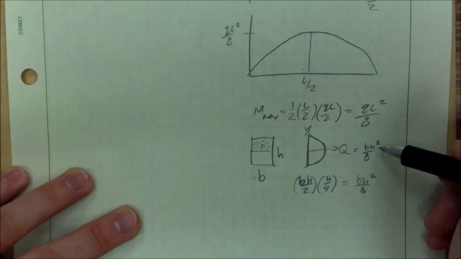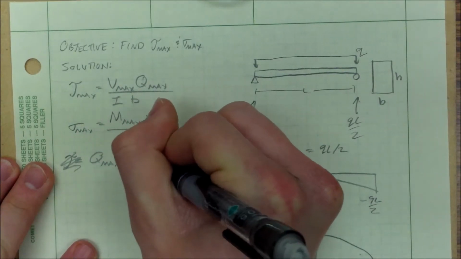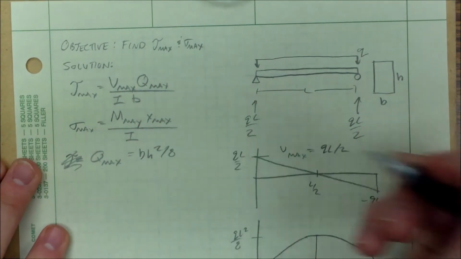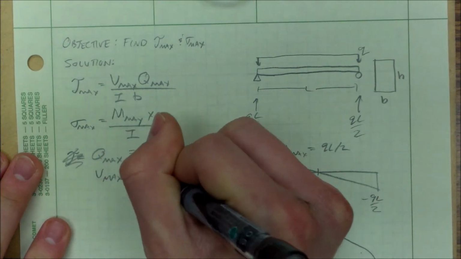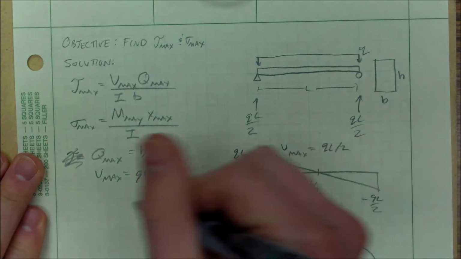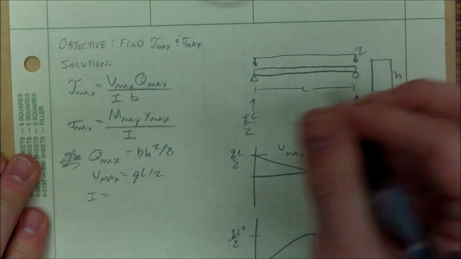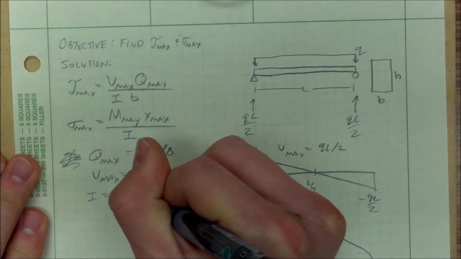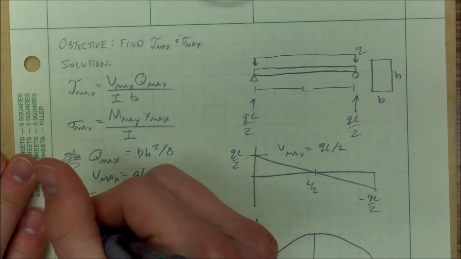So you can derive it or just look up the formula for Q. So Q max equals bh squared over 8. V max we already had was QL over 2. Let's find our I. We have a formula for I, bh cubed over 12, and b is just b.